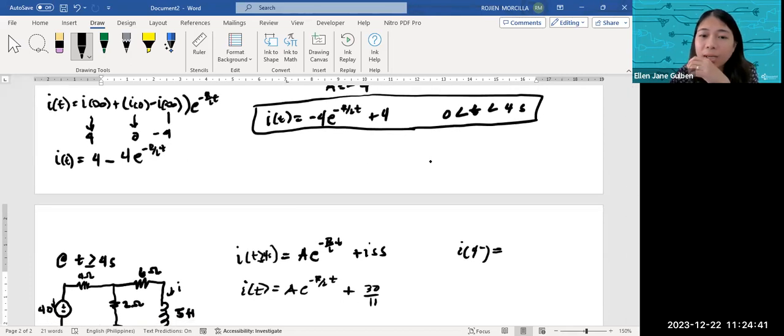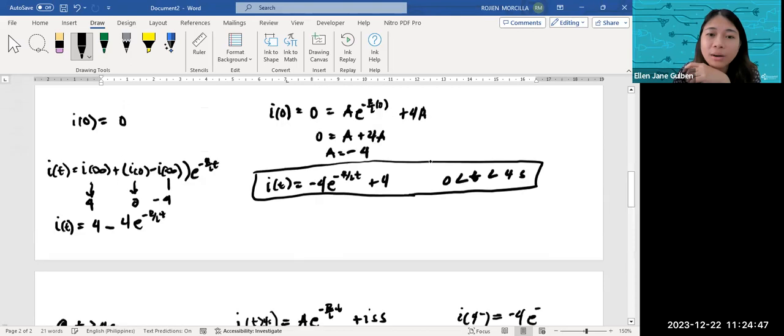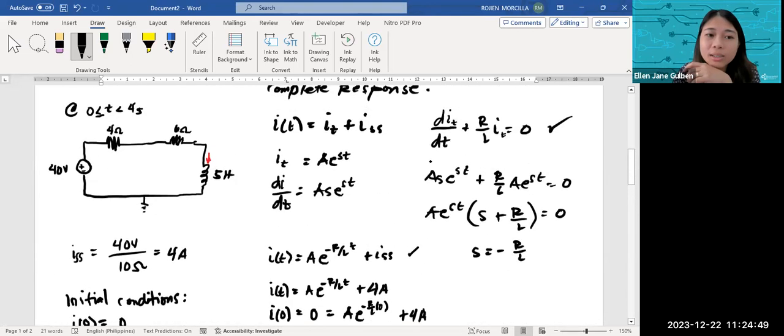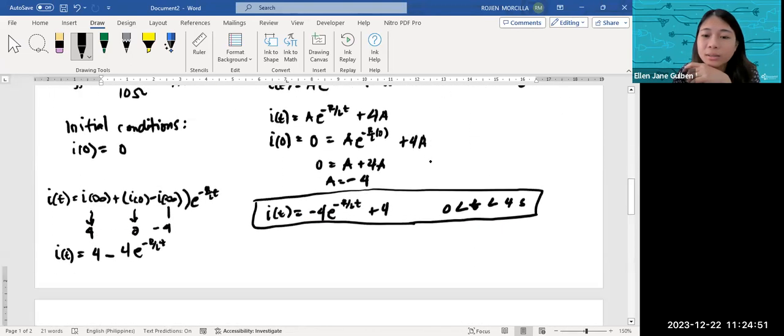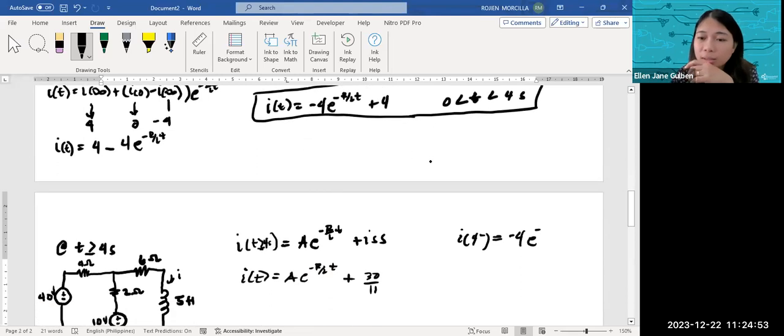I at 4 minus is negative 4 e to the negative, how much is our R? R is 10 over 5 t plus 4. Okay.